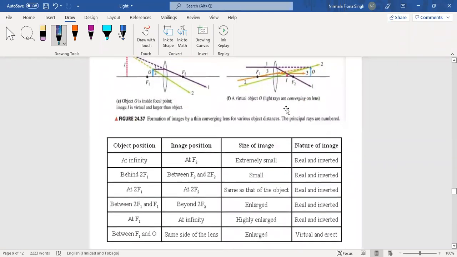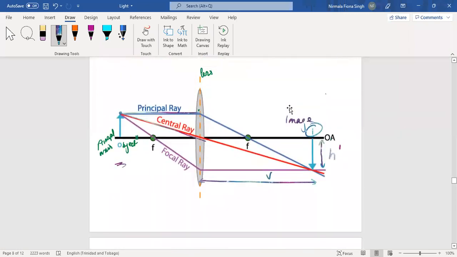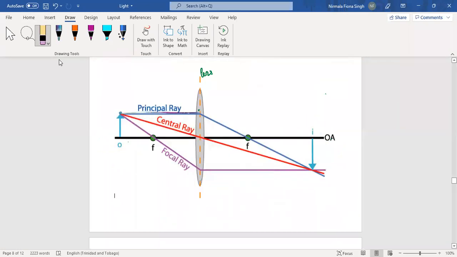All right, so just to go through this, if I wanted to describe this image here, let's take out all the excess writing. If I wanted to describe this image right now, I'm going to be able to say a few things. One, my image is inverted. What does inverted mean?